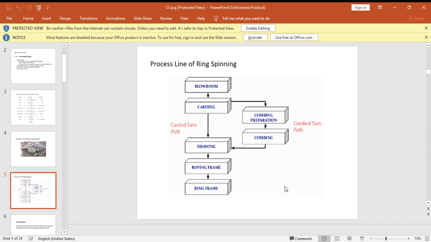Then the process line of ring spinning. In this, we have first blow room, carding, then directly to drawing, roving frame, and ring frame. The process line of ring spinning is first blow room to carding to draw frame, that is drawing, then roving frame and ring frame.